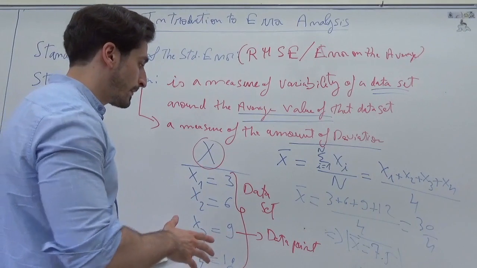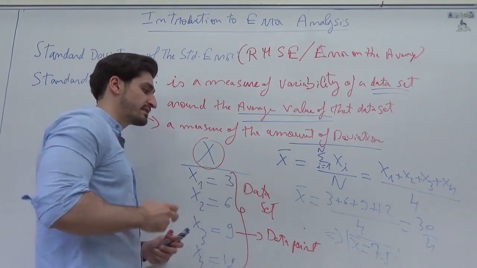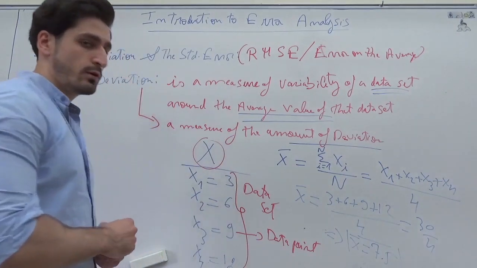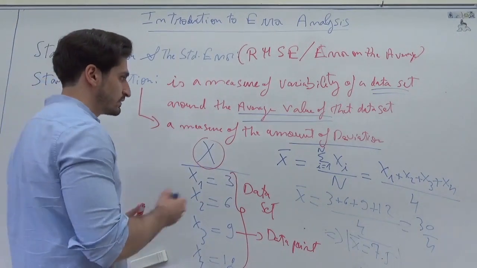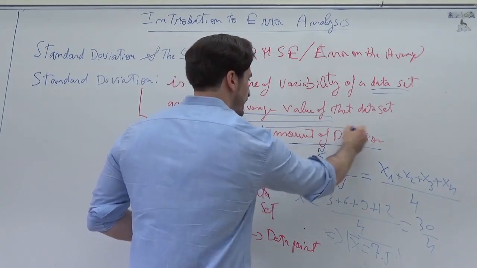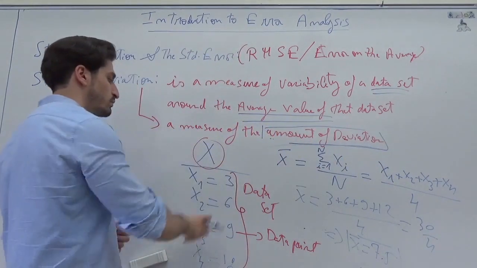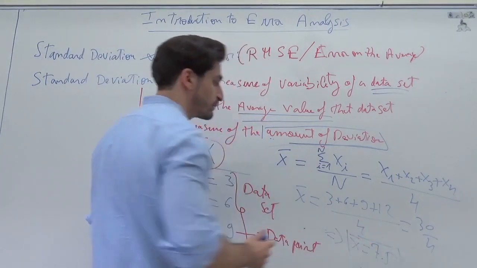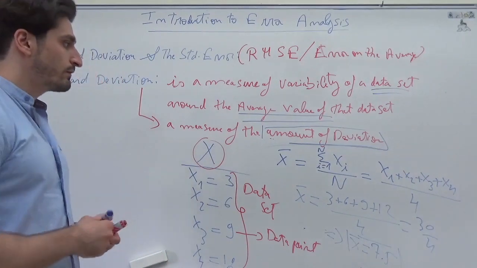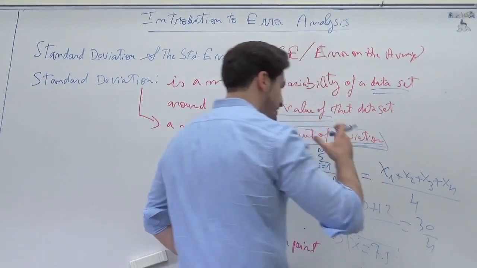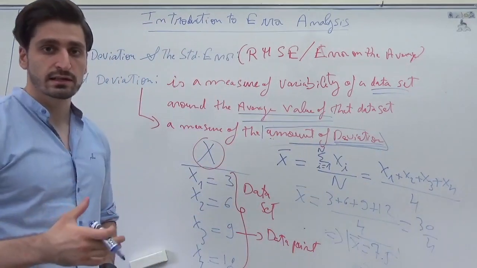So far, we have defined what a data set is, and we have determined the average value of that data set. What's left is actually determining the amount of deviation between that entire collection of points and the average value. However, when we say the term deviation, the very first thing that comes to mind is the difference.